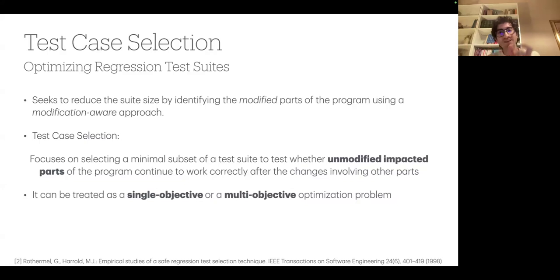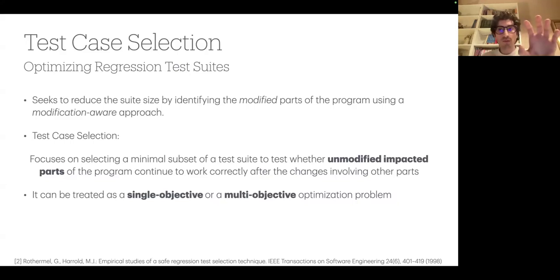This unmodified impacted part is really important in this definition because test case selection follows a previous phase of analyzing, through, for example, graph-based approaches, dynamic programming, and so on, an initial phase of impact analysis of the modification, which means that after a change, we initially understand which are the unmodified components of the software that were impacted directly or indirectly by the modifications.